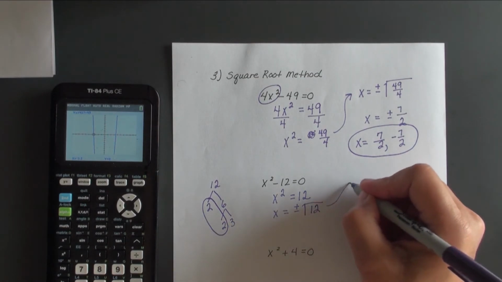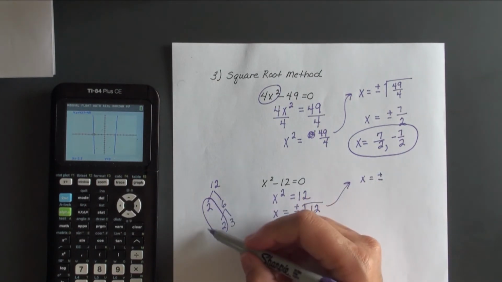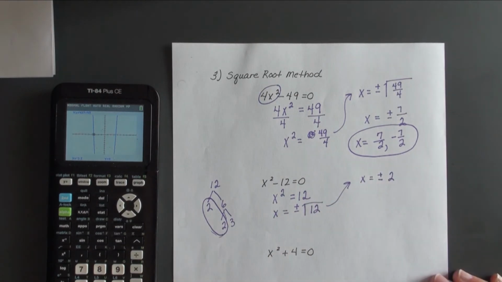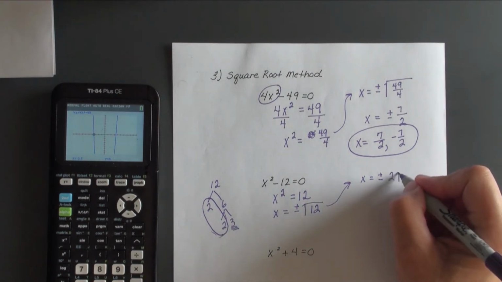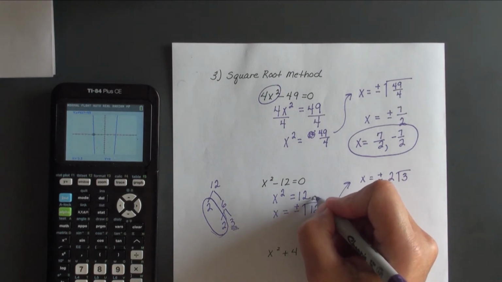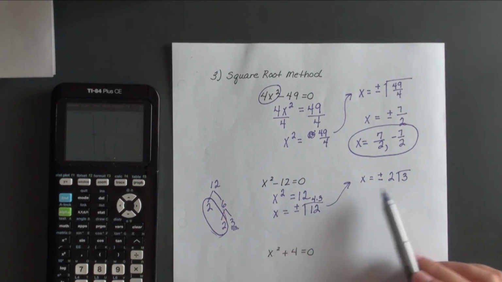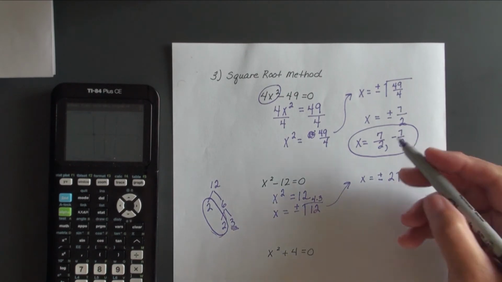So x equals plus or minus, the pair that we circled is 2. So I just write down a 2, and then the remaining term at the bottom of the tree goes underneath the radical. That's the same thing as thinking of 12 as 4 times 3, and the square root of 4 is 2, and then we have the 3 remaining.